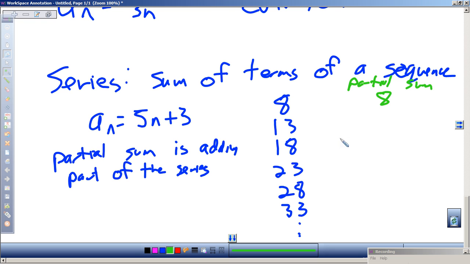Second partial sum: 8 plus 13. 21. Third partial sum: 8 plus 13 plus 18, 39. Fourth partial sum.